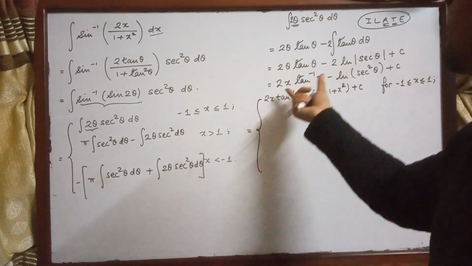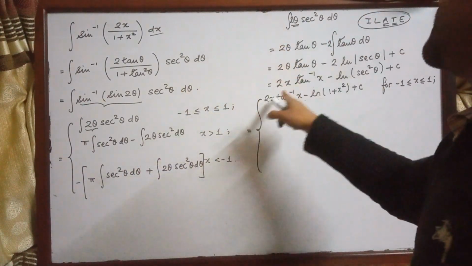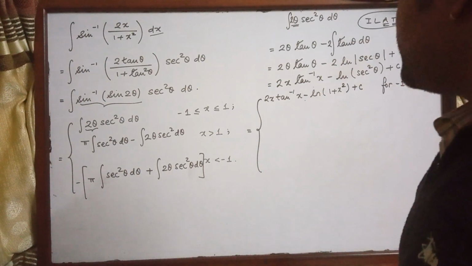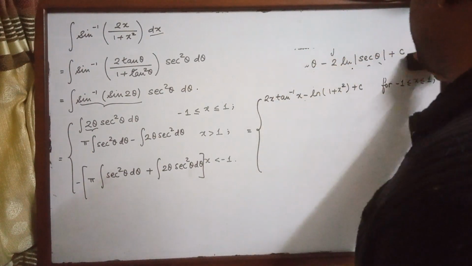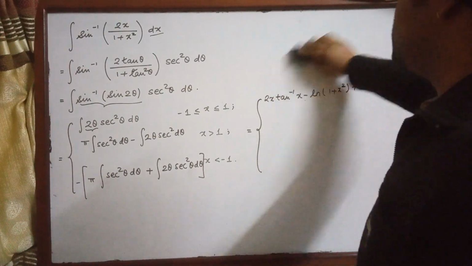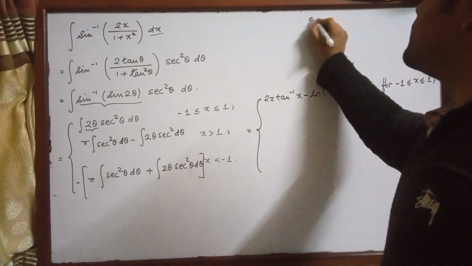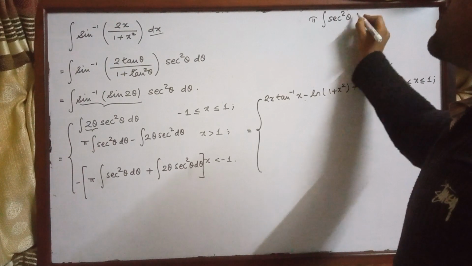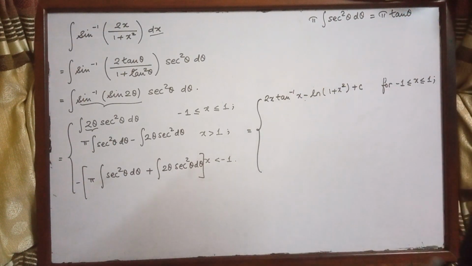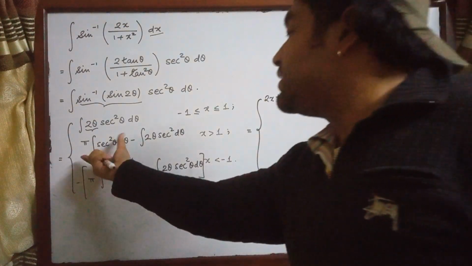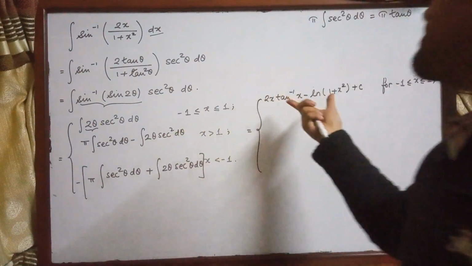Next, I'm going to use this directly. I'm not going to integrate it again because this will be the same thing again. Just for completion, sec squared theta d theta means pi tan theta. I'm not going to use plus c because I'm going to use an antiderivative of this thing and then an antiderivative of this thing plus c.